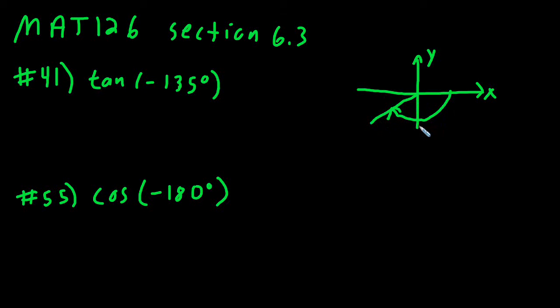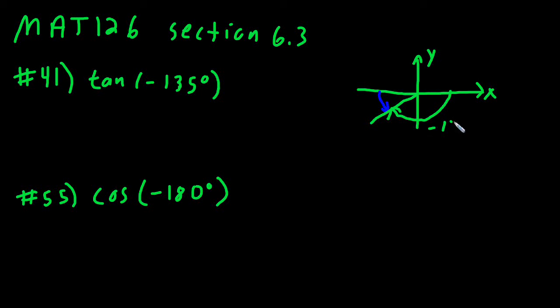We're asked to find the reference angle for the first part, and so the reference angle would be here. It always comes from the x-axis to the terminal side of the angle. It's always an acute angle, less than 90. It's always positive. So we want to find that angle, given that this angle is negative 135 degrees.